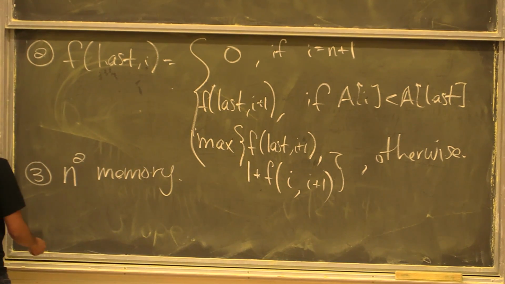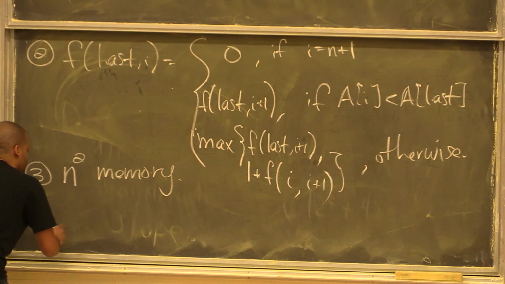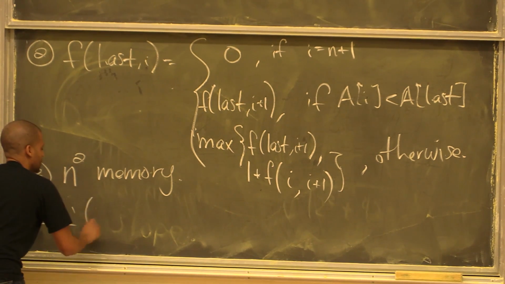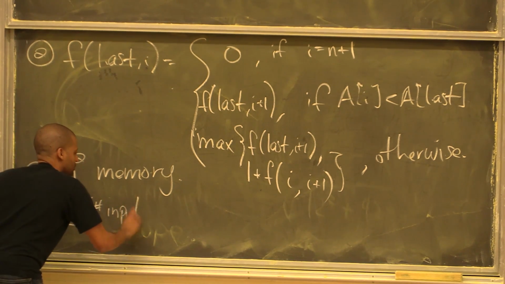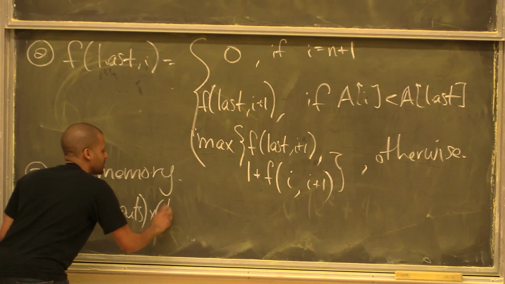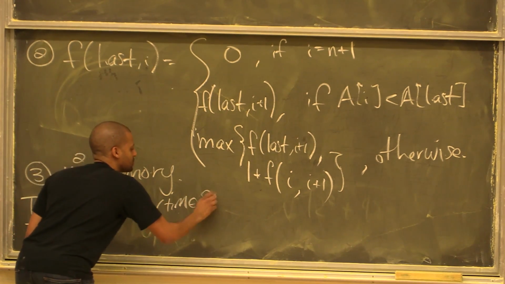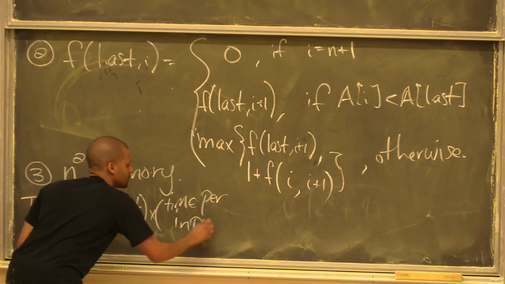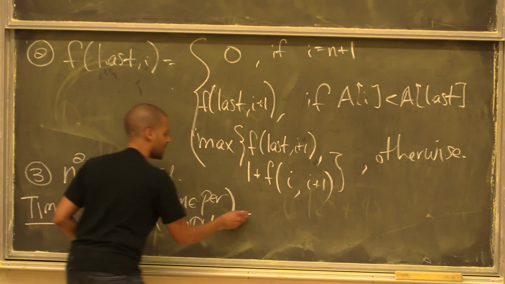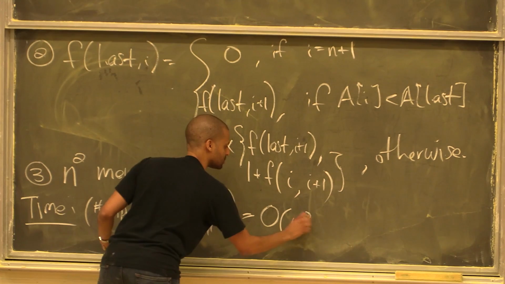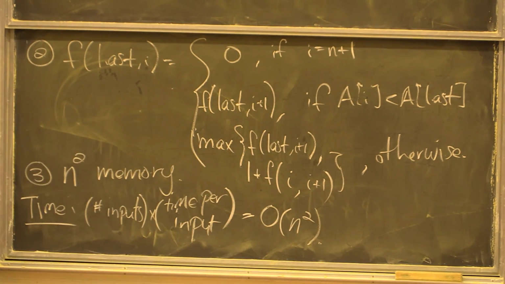So the time is at most the number of inputs times the time per input. This is constant. This is n squared. So the time is O of n squared.